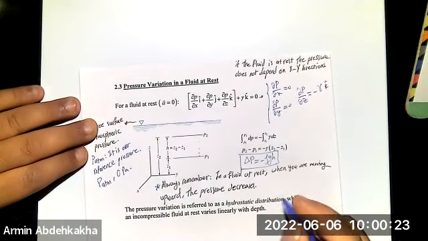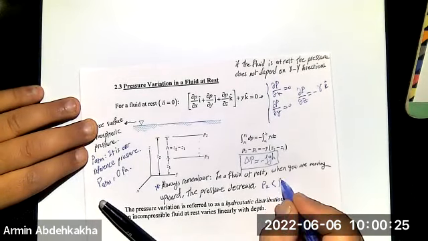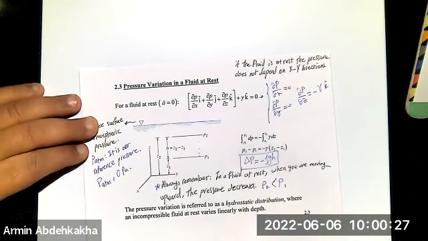So here, you can write that P2 is smaller than P1.